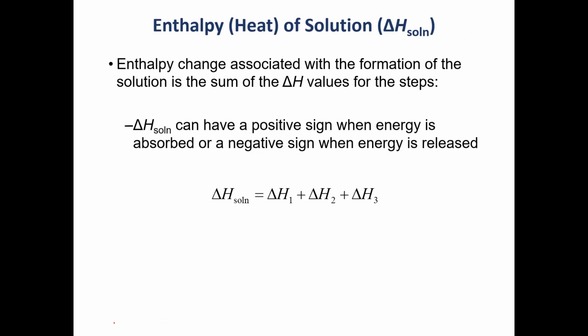So the enthalpy change associated with the formation of a solution is the sum of the enthalpy values for steps 1 and 2 and step 3. Steps 1 and 2, remember, are endothermic, which means they're going to be positive. And step 3 is exothermic, which means its sign for delta H is going to be negative.